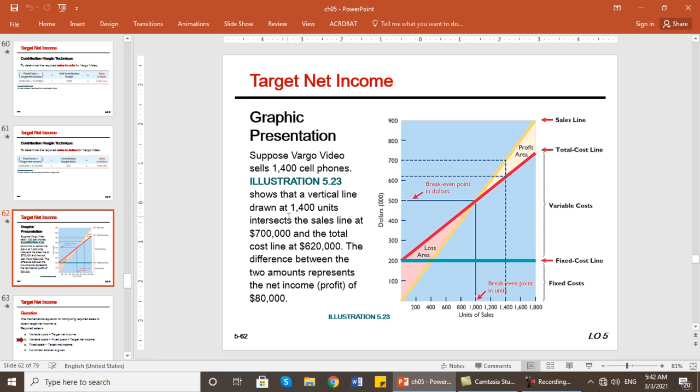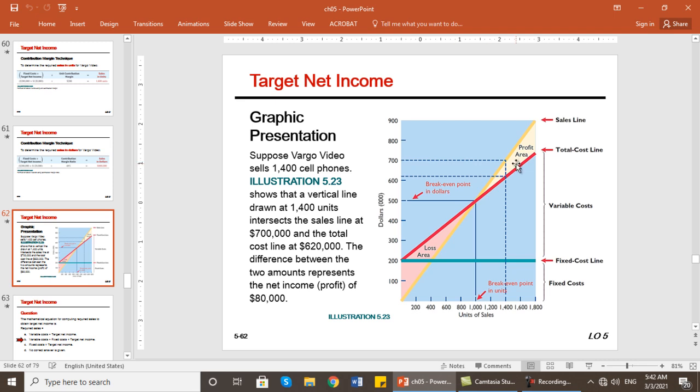A vertical line drawn at 1,400 units intersects the sales line at 700,000. If we realize sales of 1,400 units, the sales will be 700,000.